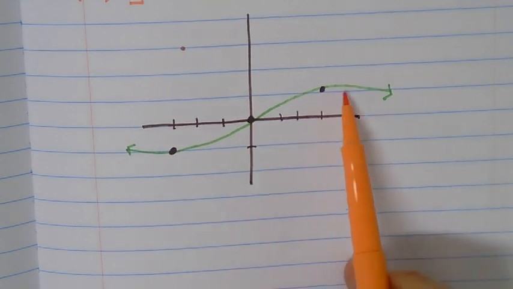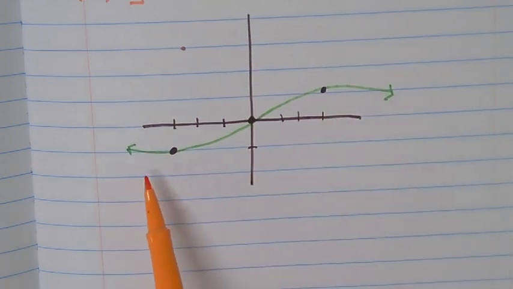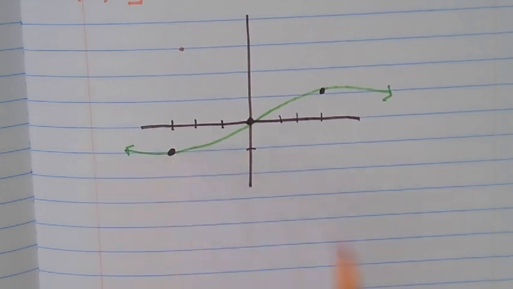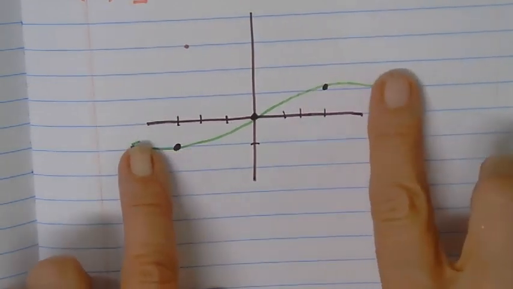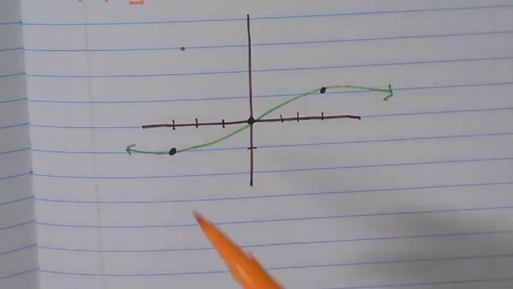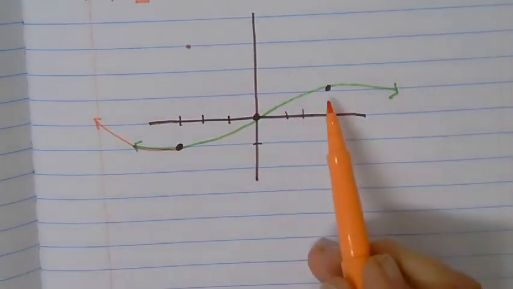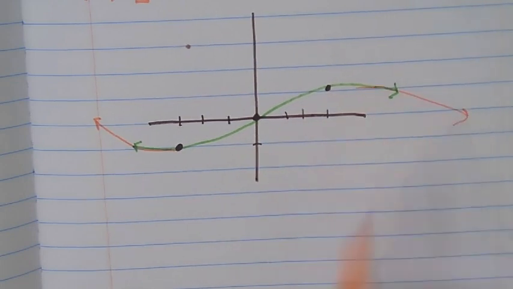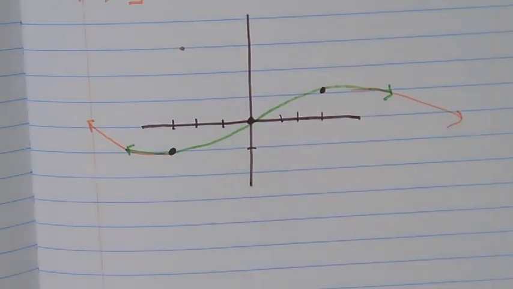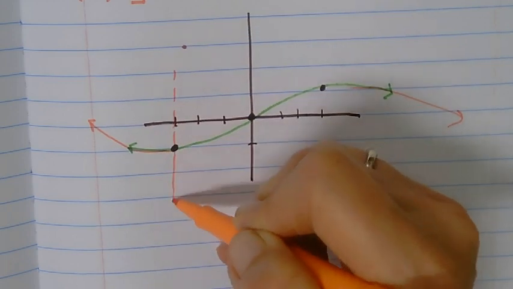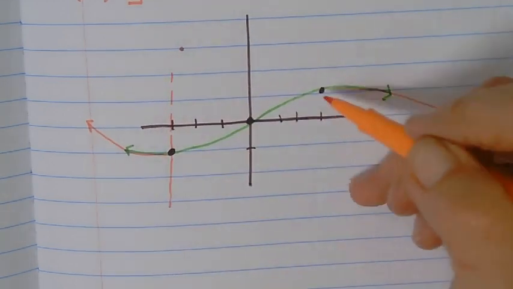When you look at this one on the worksheet, it's going to almost look like it might be going flat, but after our critical points, it is really going to go up or down. So it's like this one is going up, and this one is going down. So where are our critical points here? Right here.